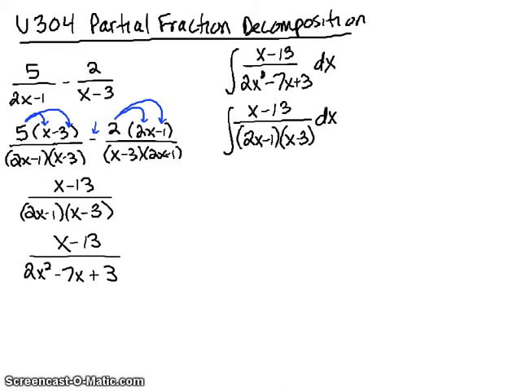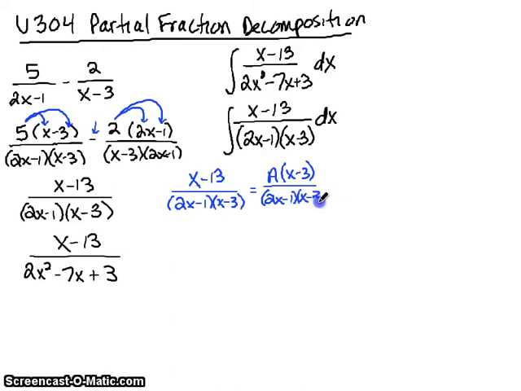So we can say that x minus 13 over 2x minus 1, x minus 3 is going to be the same thing as some value a that we don't know times x minus 3 over 2x minus 1, x minus 3, plus some value that we don't know, b, times 2x minus 1 over 2x minus 1, x minus 3.